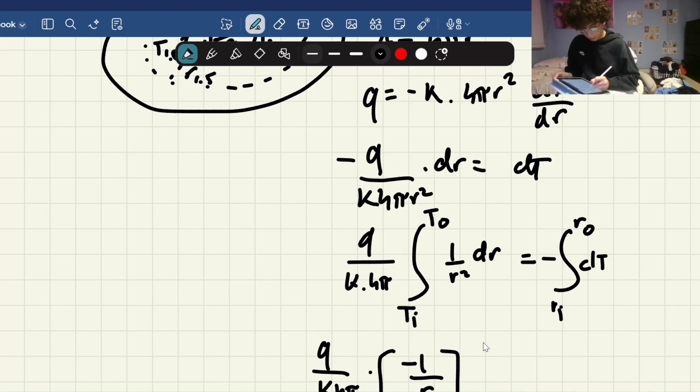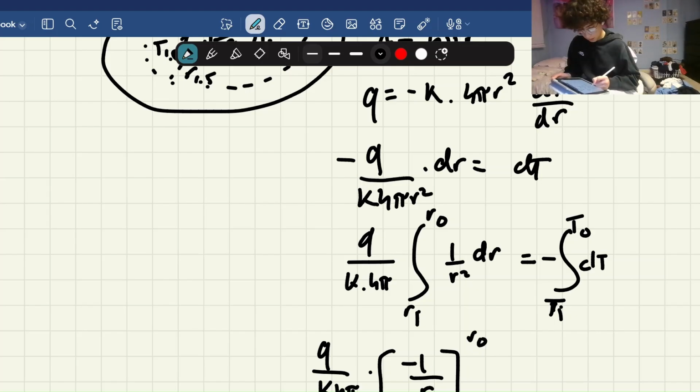So this is the integral. Oh, I'm sorry, I think I marked this wrong. This is supposed to be Ro, and then Ri. Totally wrote this wrong.